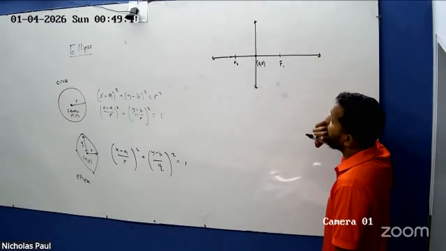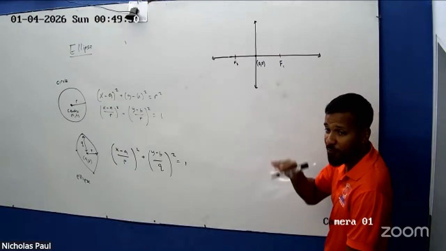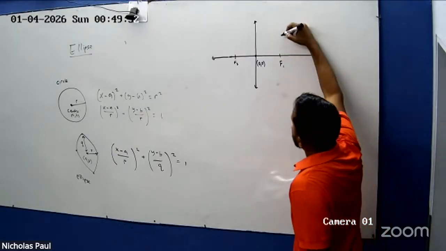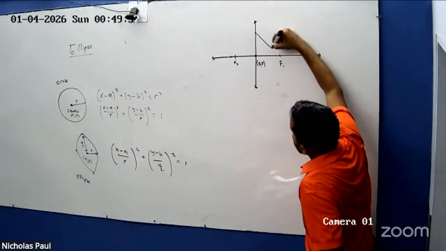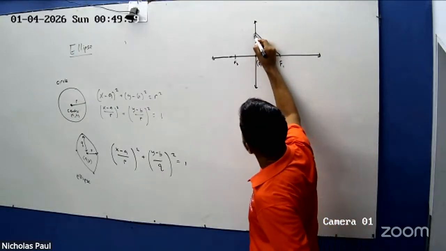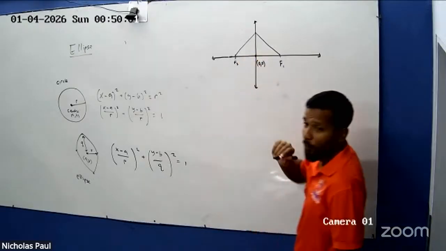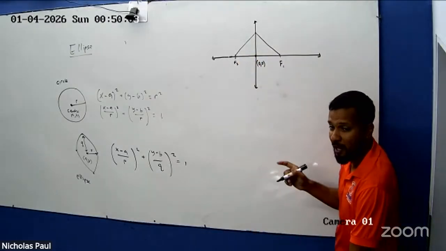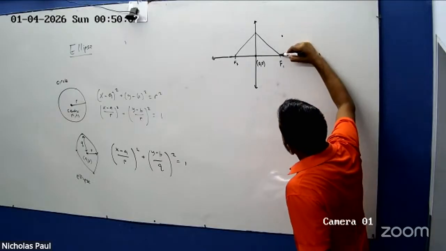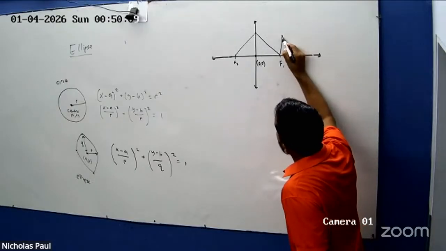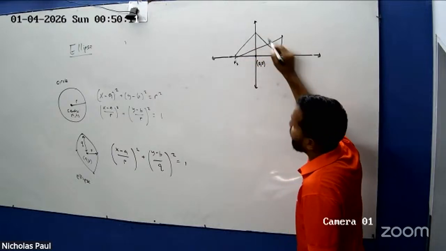And here's what it says. Every single point on the ellipse, let's say a point is here. Whenever you add up the distance here and the distance here, it's always going to be constant.